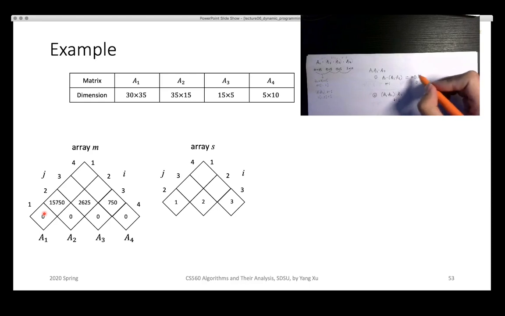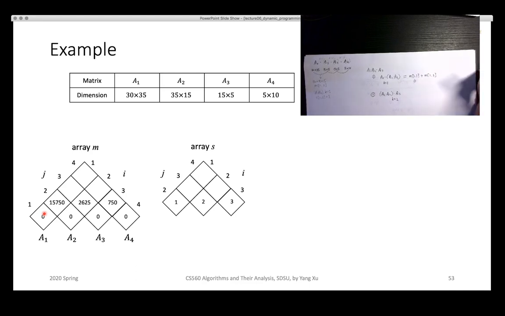And the total cost should be plus the second subproblem, which is M23. Right, and M23, according to our computation, is here.